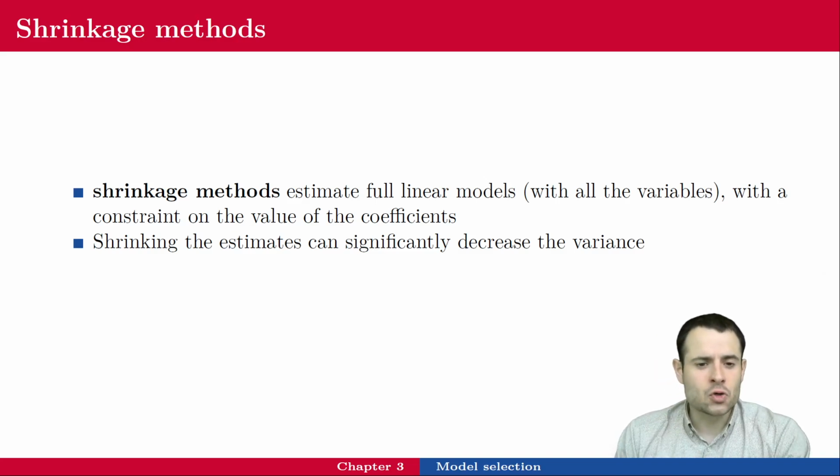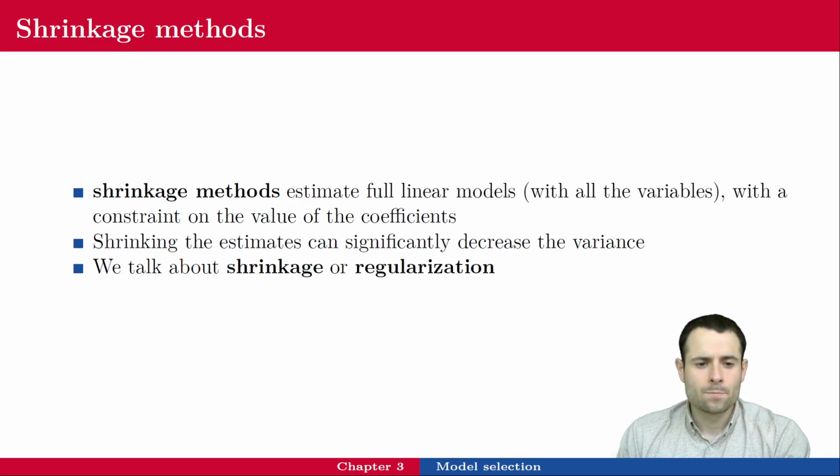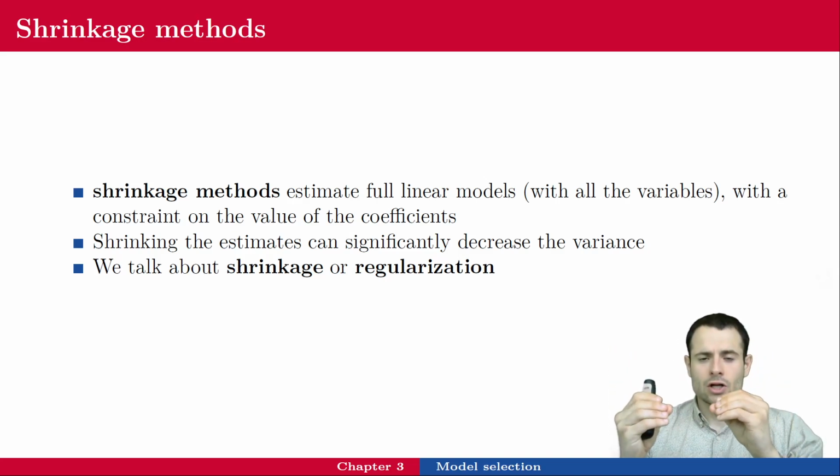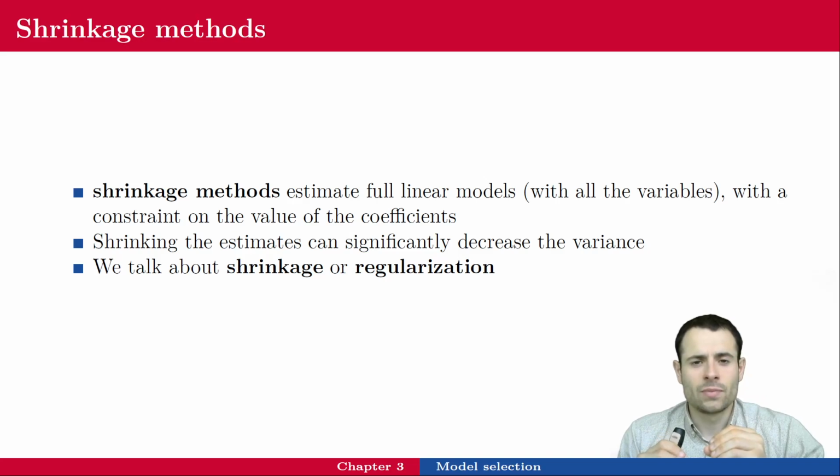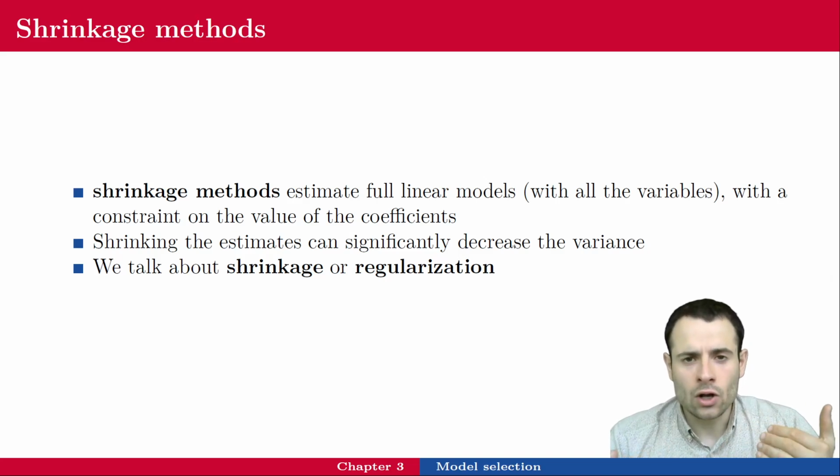The idea of shrinking the estimates is to significantly decrease the variance in the predictions. So we talk about shrinkage because we are going to shrink the values of the coefficients because we put a constraint on their value. We also call this a regularization method.